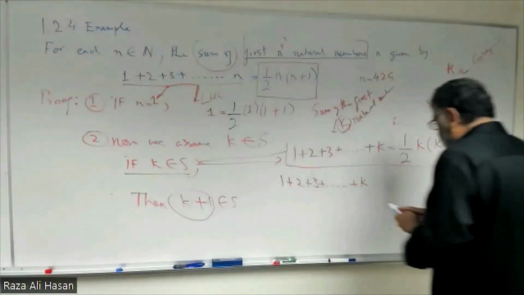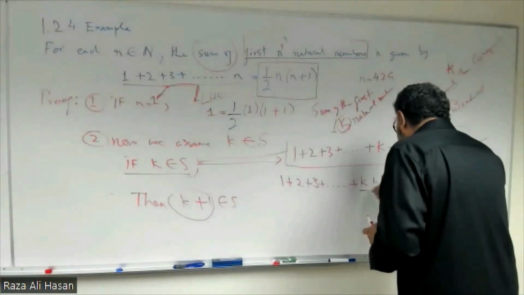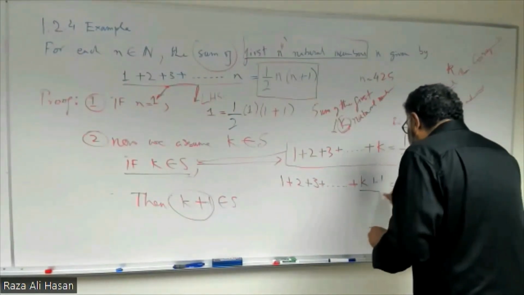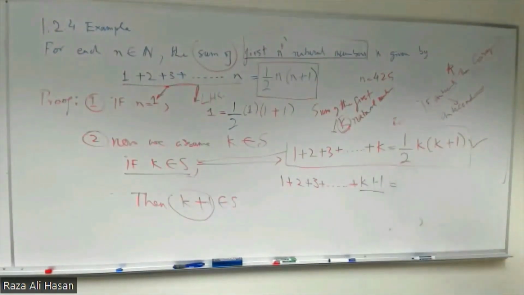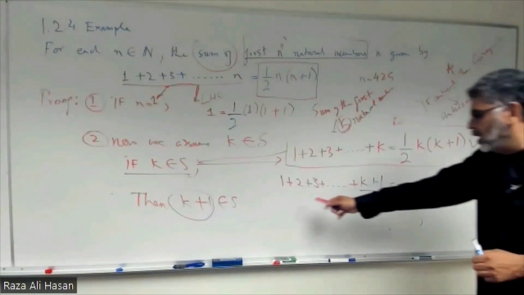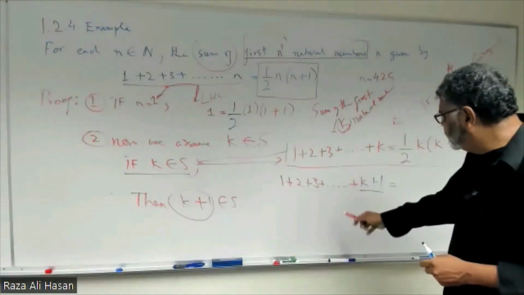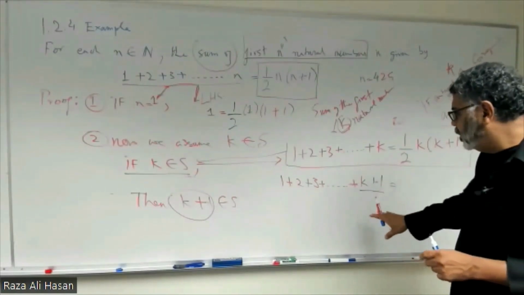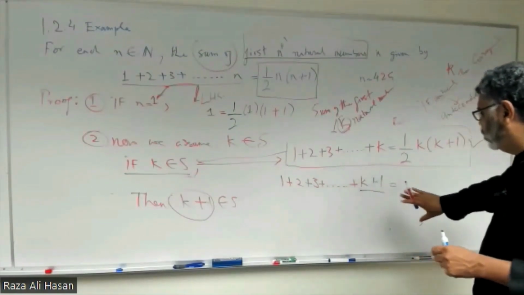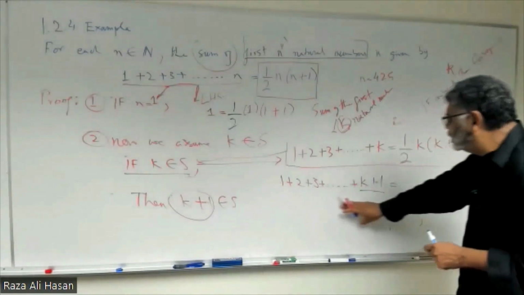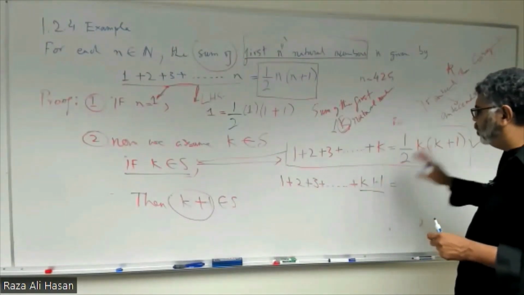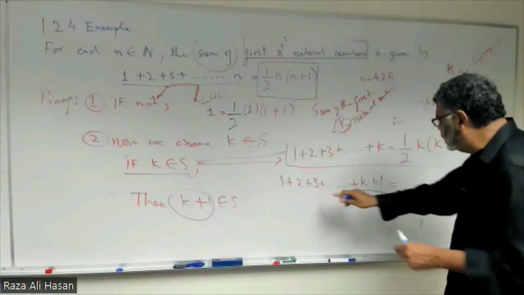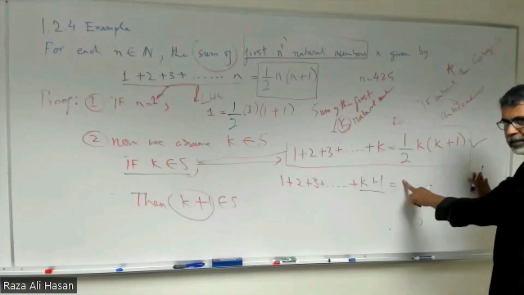So if we do this, now on the left hand side we have this. So we're done for the left hand side, right? This is saying the sum of the first K plus one natural numbers. Therefore, the formula for summing the first K plus one numbers is going to be here, right?